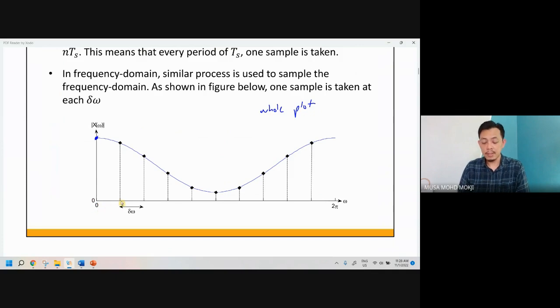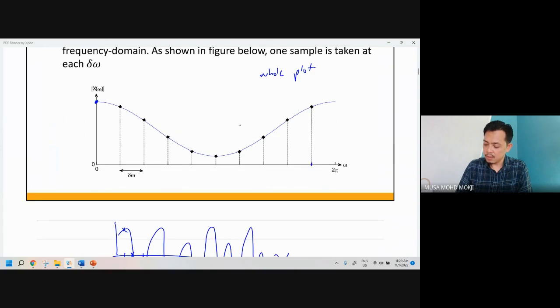And then the second sample is at delta omega over here. And this is at 2 delta omega. So this is 3 delta omega, and then 4 delta omega, up to here, which is 9 delta omega.